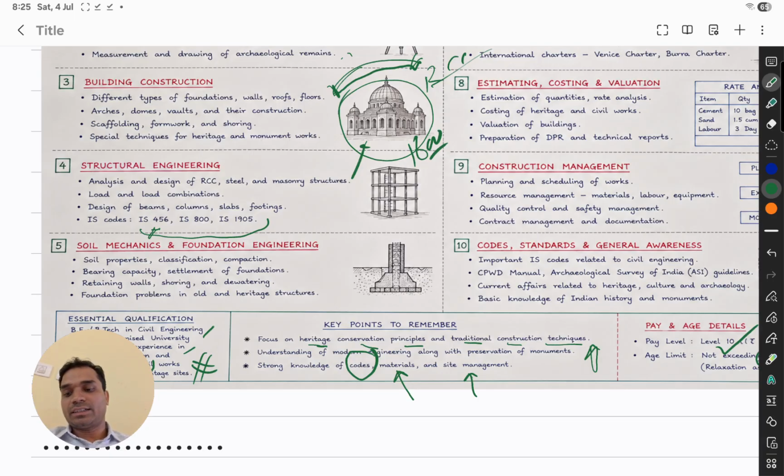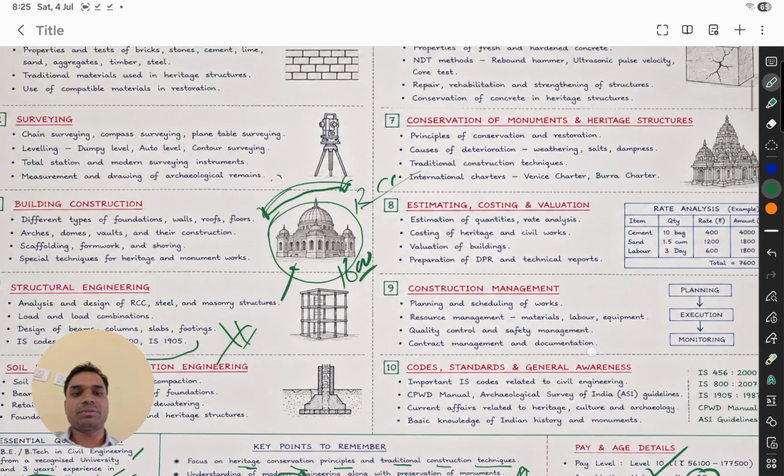And after that, IS 800 for steel, then IS 1905, which is the code for non-reinforced concrete. So these are the most important 3 codes you need to study. Then soil and foundation: percolation, bearing capacity, settlement of the foundation, this kind of basic requirement.